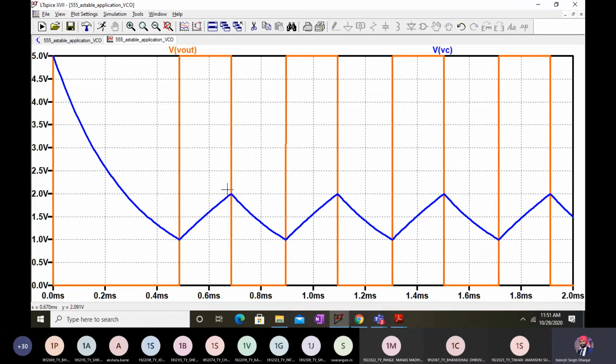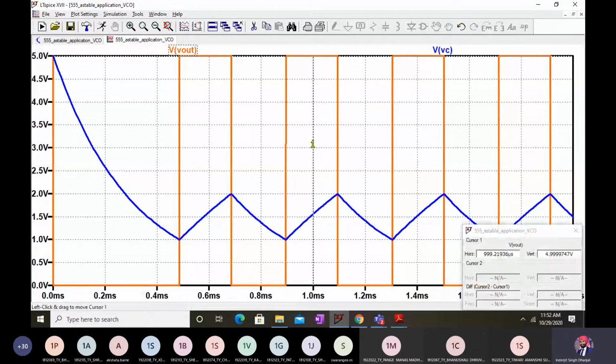Here it is actually very obvious that the highest value of the capacitor voltage is 2 volts and the lowest value is 1 volt. You are getting almost a square waveform. Here I can check out the period of the waveform, so I will measure it once.